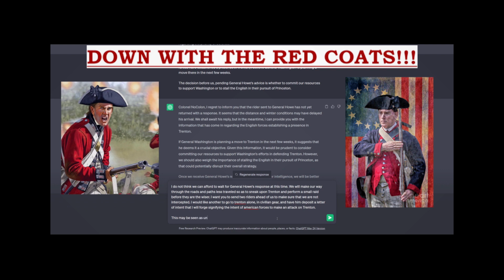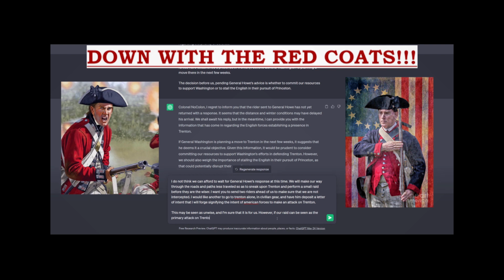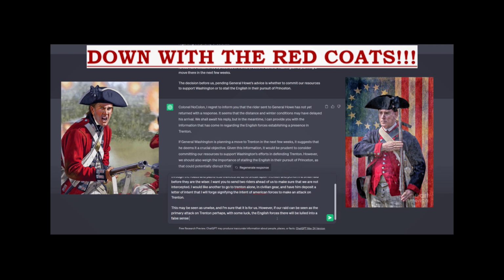However, if our raid can be seen as the primary attack on Trenton, perhaps with some luck, the English forces there will be lulled into a false sense of security, and General Washington will have greater success there.